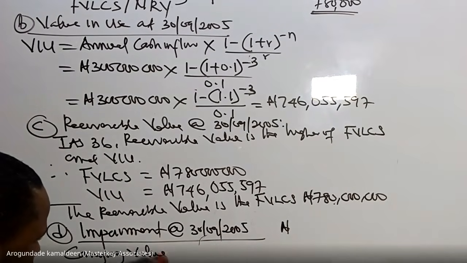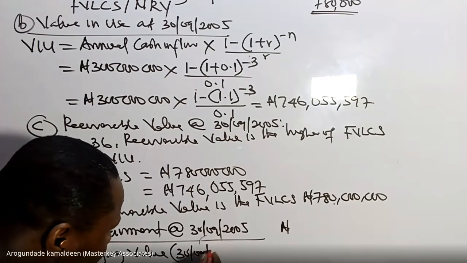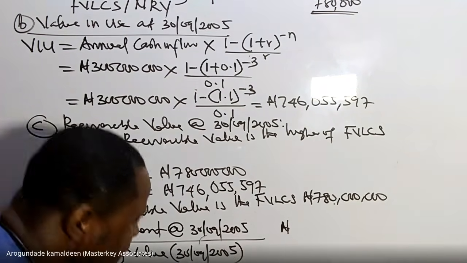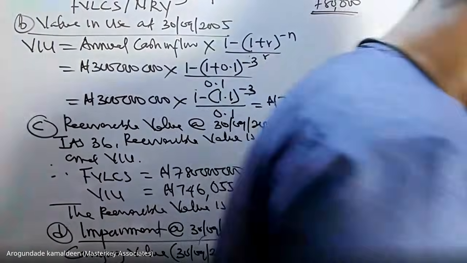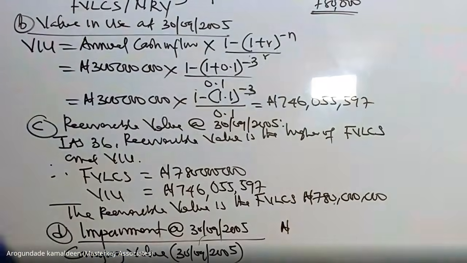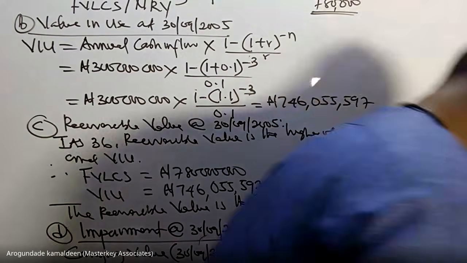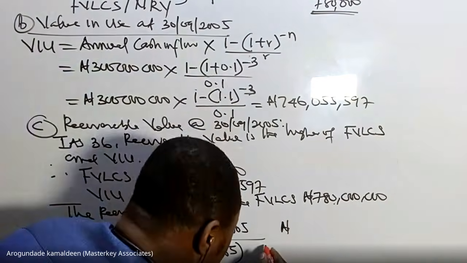The carrying value at this date, 30th September 2005. Class, what is the carrying value of this property? Tell me. 950 million. Thank you. That is the new carrying value, being the amount we revalued, 950 million.